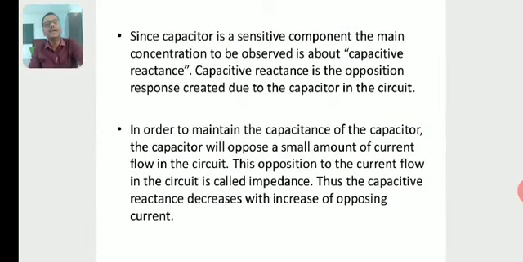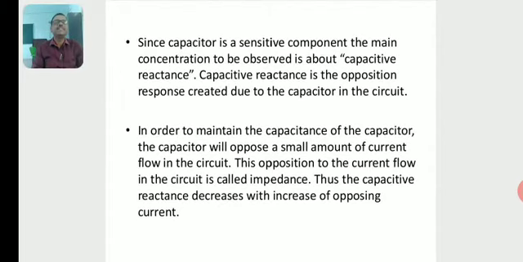Since a capacitor is a sensitive component, the main concentration is on the capacitive reactance. That means XC is equal to 1 by omega C, where omega is equal to 2 pi f, so 1 by 2 pi f C.